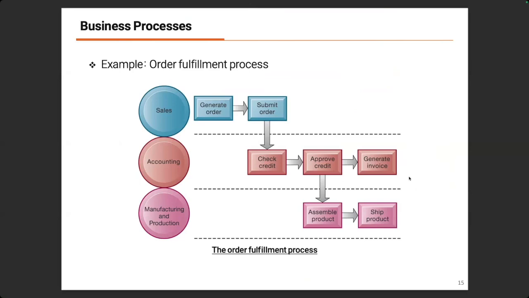Therefore, the efficiency of a firm depends on how well its internal and inter-organizational business processes are designed and coordinated. So business processes can be a source of competitive strength, and they enable a firm to innovate or execute better than its competitors.